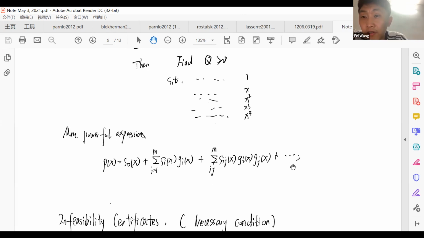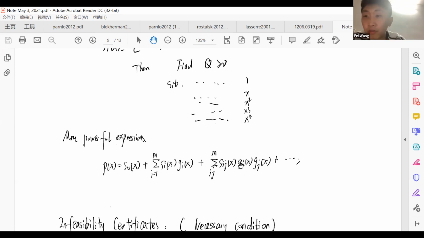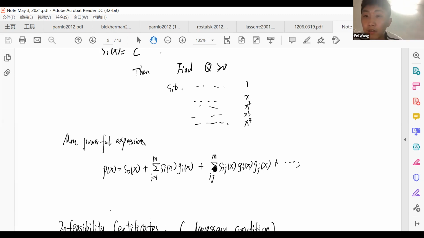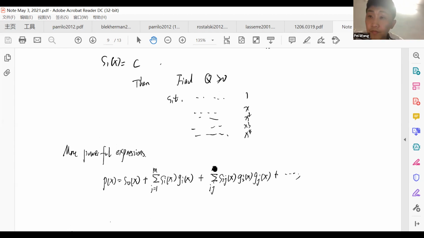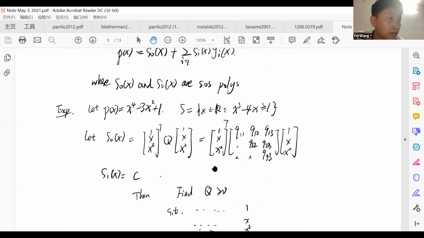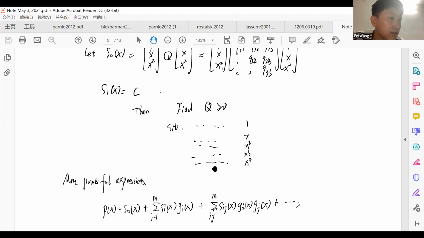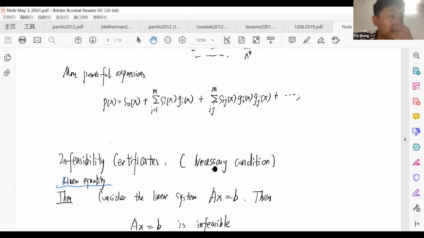Basically we can have 2 to the power of m terms, which is the number of subsets of the m inequalities.